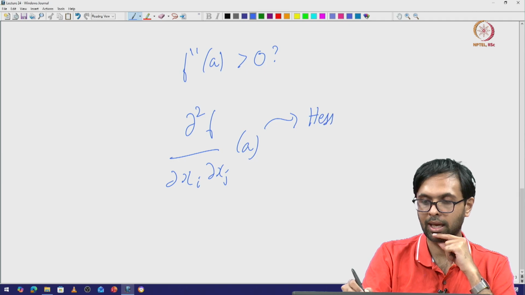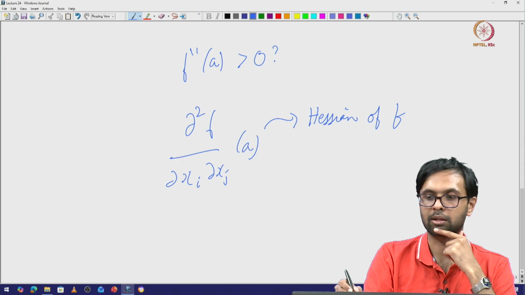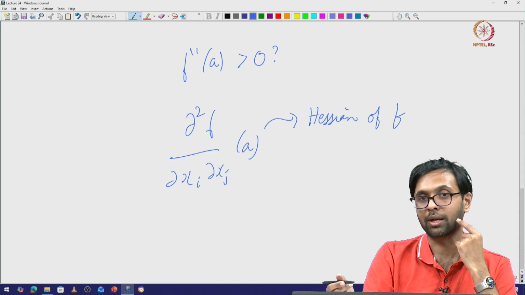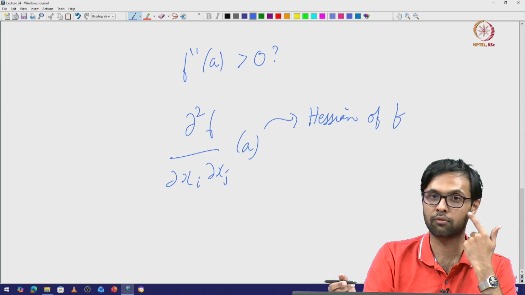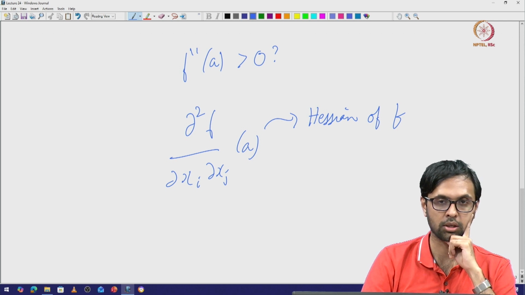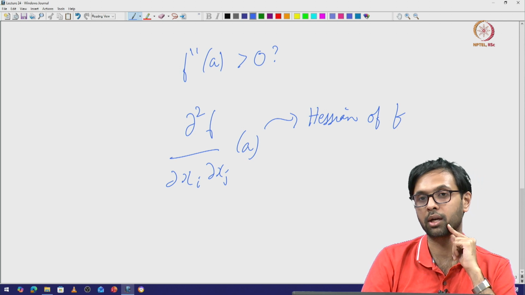By the way, this matrix is given a name. It's called the Hessian of f, after the mathematician Hesse. So what does it mean for a matrix to be positive? Of course, one has this naive notion of demanding that each of the entries of the matrix be positive.